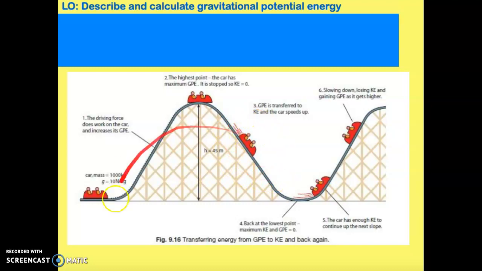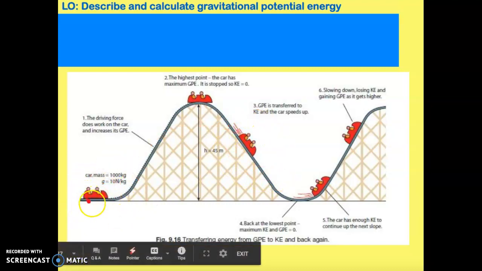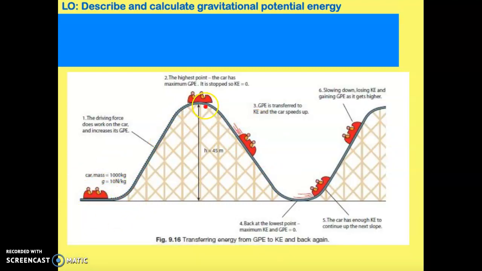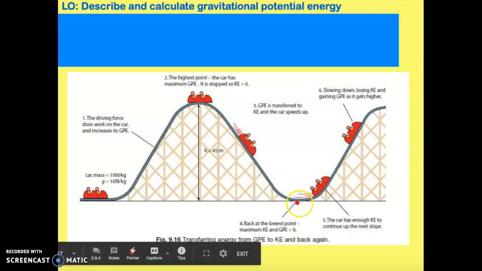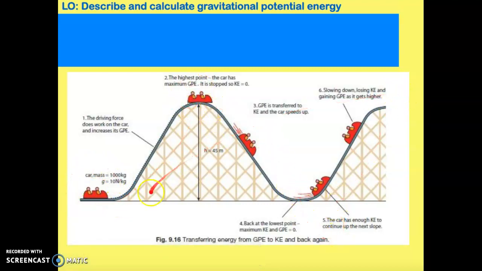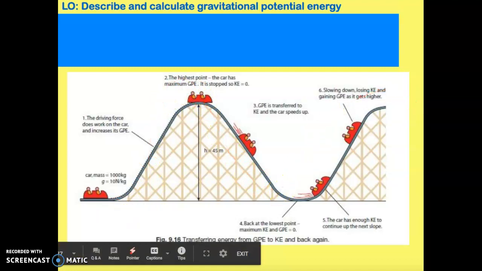So all we've done is we've gone from kinetic energy converts into gravitational potential energy. I've zero kinetic energy, back into kinetic energy, and back again. So you go kinetic, gravitational, kinetic, gravitational, and they're basically just going up and down like your roller coaster.